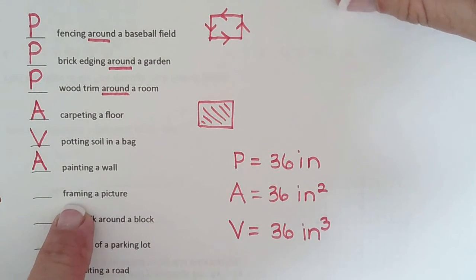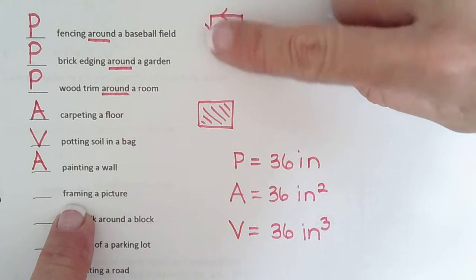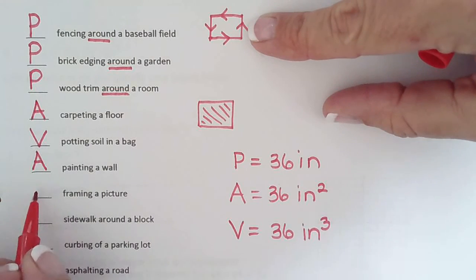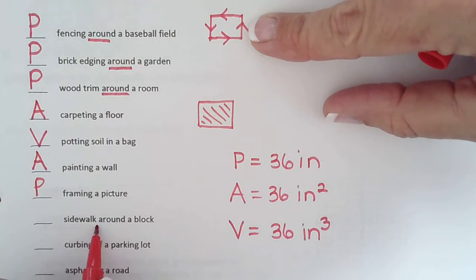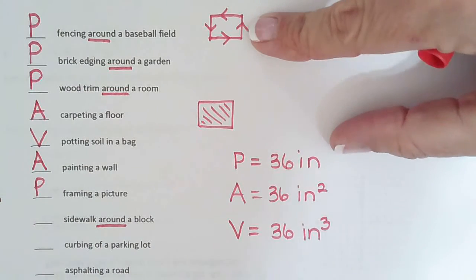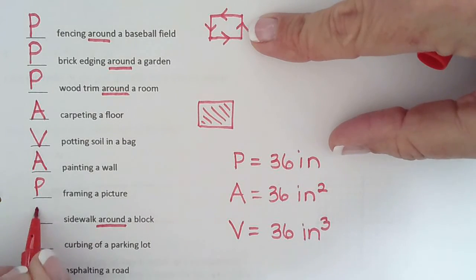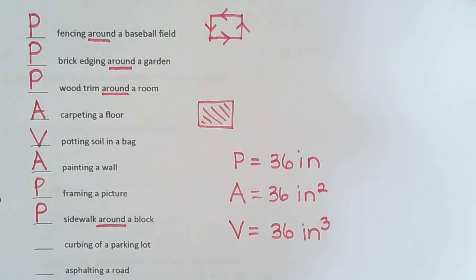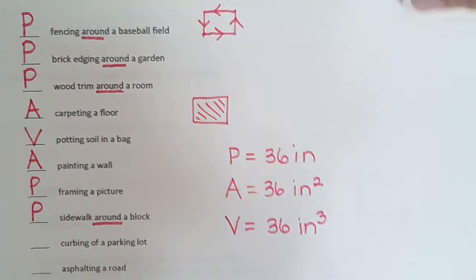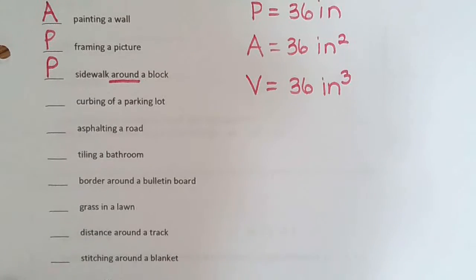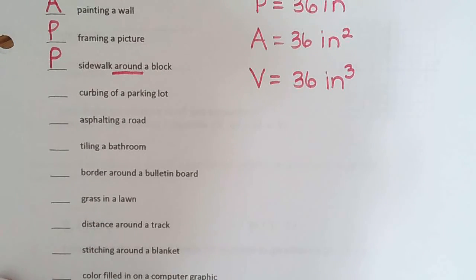Framing a picture, that's around the outside, right? So that would be perimeter. Around, so sidewalk around would be perimeter again. Curbing is on the outside of a parking lot, so that would be another perimeter.